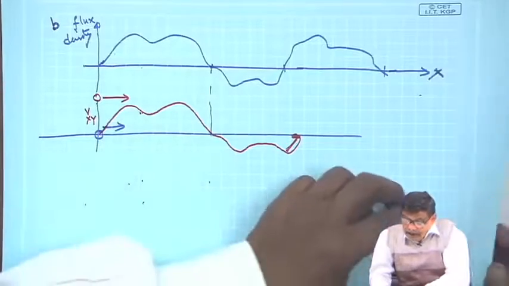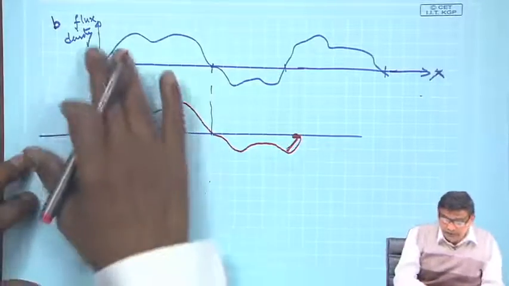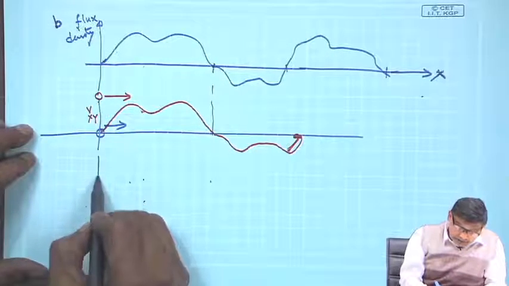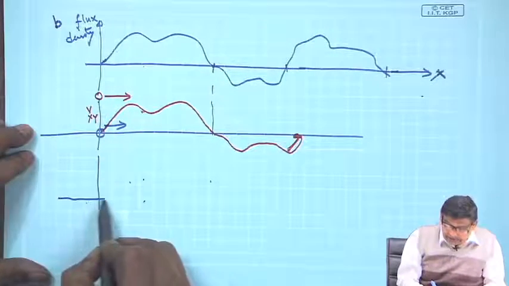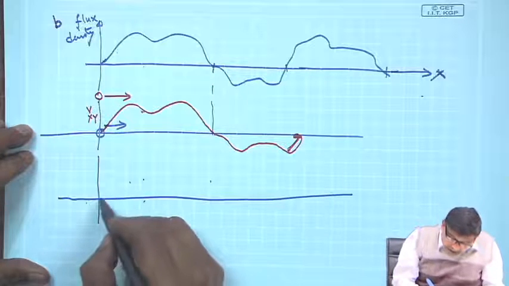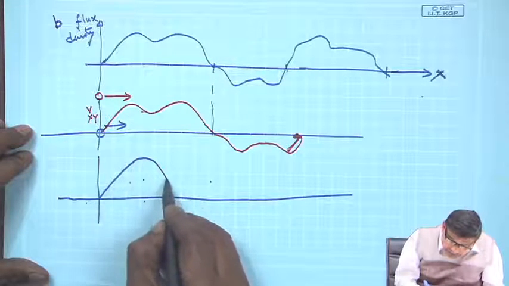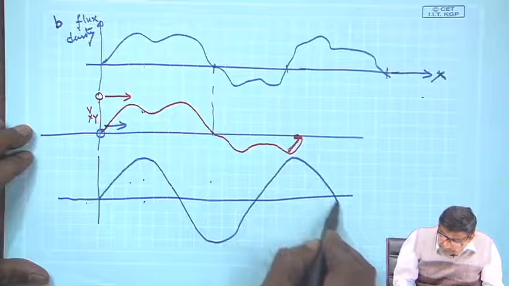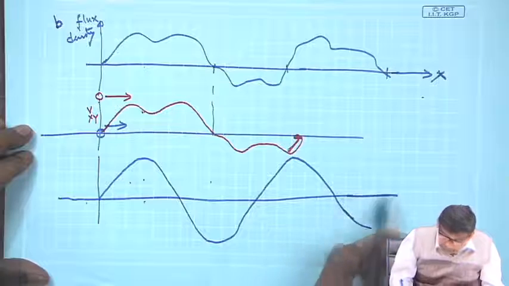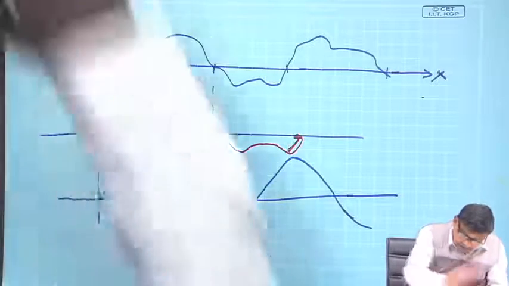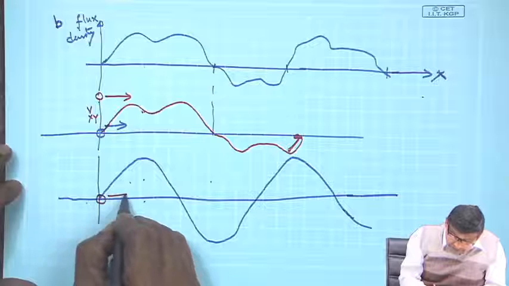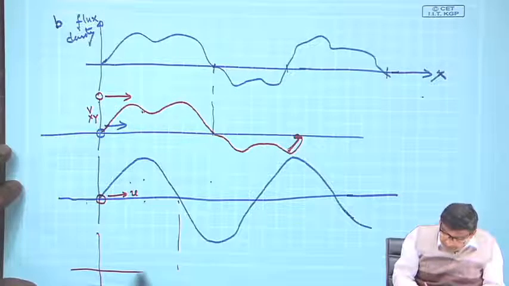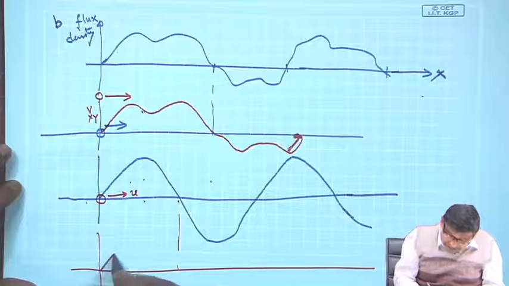Therefore, of course, no one is going to make such an arbitrary B distribution. Perhaps one popular B distribution, we will see later in detail, is a sinusoidal B distribution. Suppose somebody has that, and you are moving a conductor under this with a velocity v, then the EMF generated will also be sinusoidal.